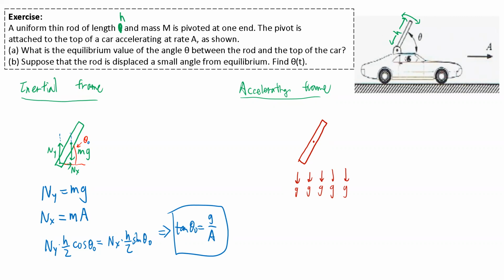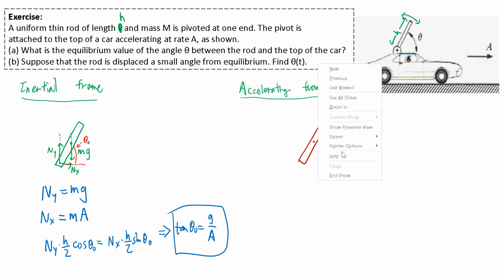Now I have an additional effective force field in this direction, due to the acceleration. So effectively, there's a force field that looks like this, the vector sum of the two force fields.